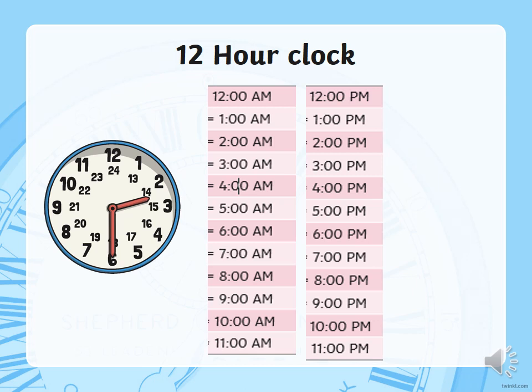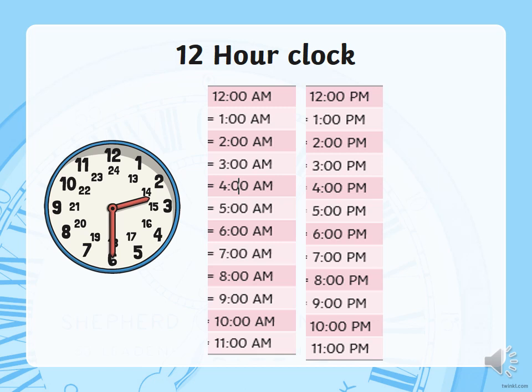And in the 12-hour clock, remember, we use the terms AM and PM so that we can differentiate between morning and afternoon, because it's only 12 hours in the clock, so we are able to tell whether it's 1 o'clock in the morning or 1 o'clock in the afternoon. So we go with 12 AM and then 1 AM, 2 AM, 3 AM, 4 AM, 5 AM, 6 AM, 7 AM, 8 AM, 9 AM, 10 AM, and then 11 AM.